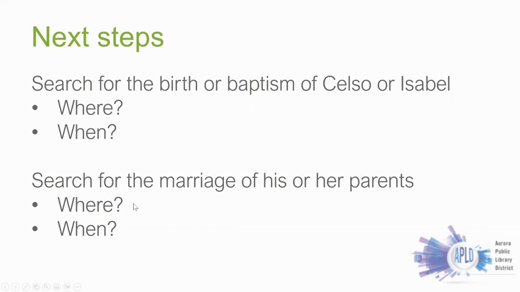I'd probably start there, but you can also do a name search and see if anything comes up. And for Isabel, I would guess that her parents were probably from Aposol, and I would start there. Again, always remember to search by name first because a lot of records have been indexed. But if you don't find it, then try searching through the images as I've shown you before.